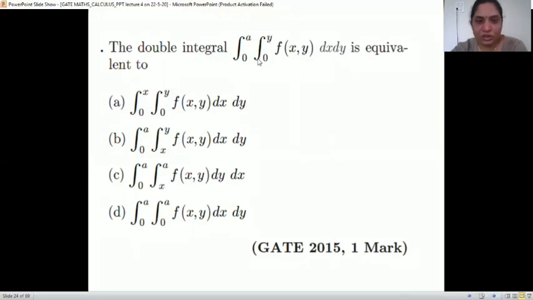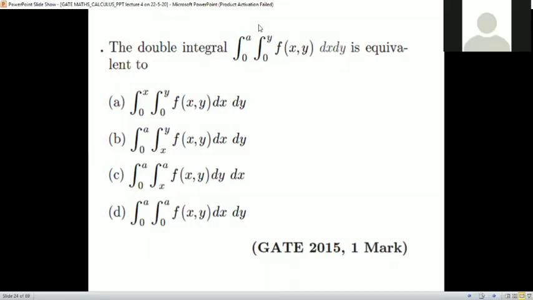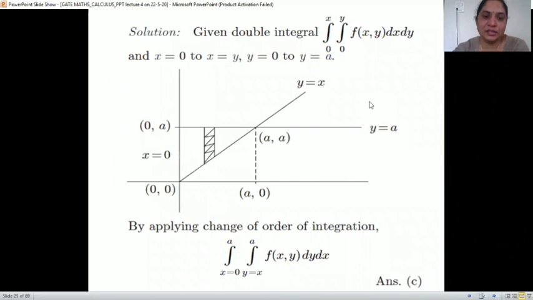Vertical. Yes, vertical, as these are limits of x, right? And we have to change it from x to y, so we have to draw a strip parallel to y axis.